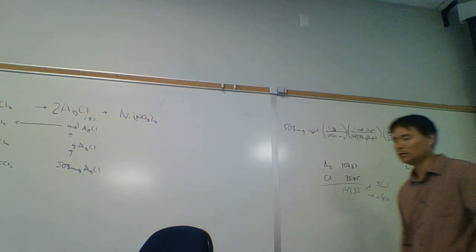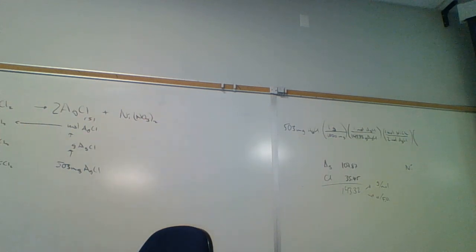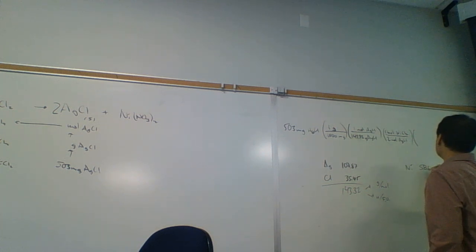So let's take a look at nickel first. Okay, I see nickel up here, 58.65. Nickel, 58.65.